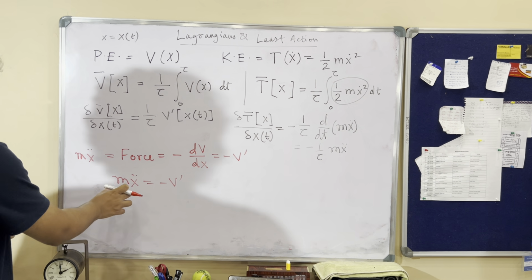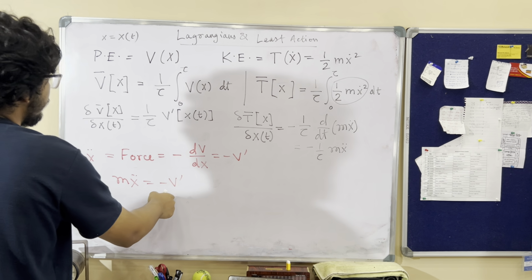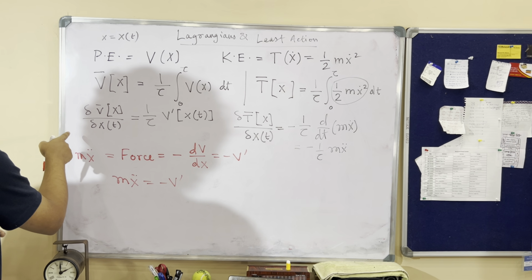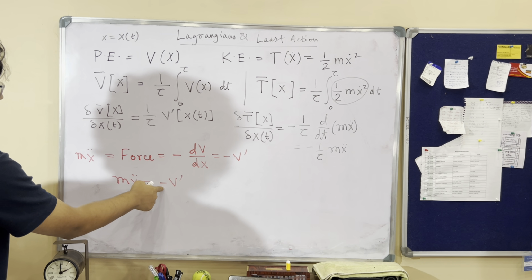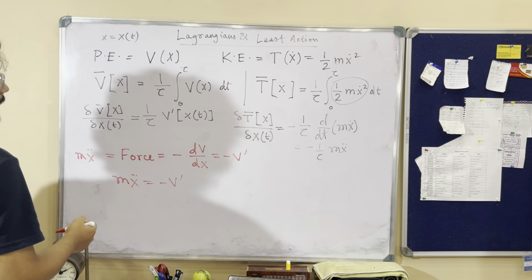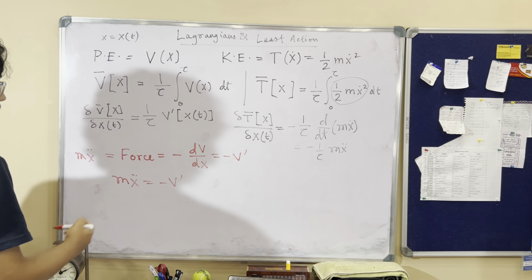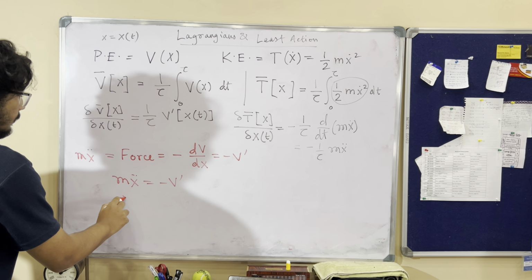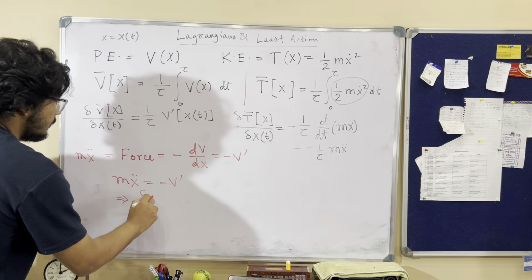So we can replace mx double dot with negative this thing and V prime with another negative of this thing. Sorry, V prime is this thing. This minus sign will be here, and another minus sign will come here, and they will cancel each other out. So then we will be with this object.